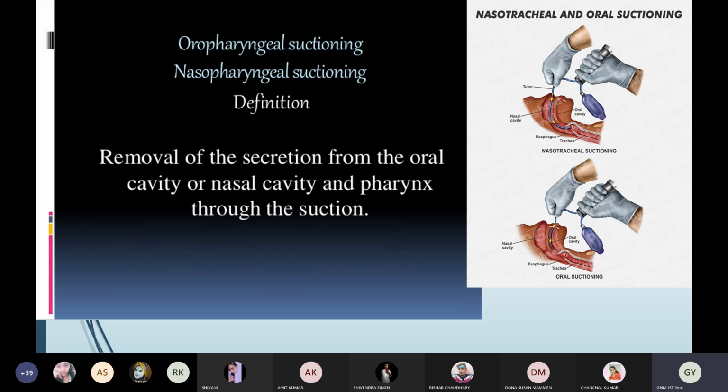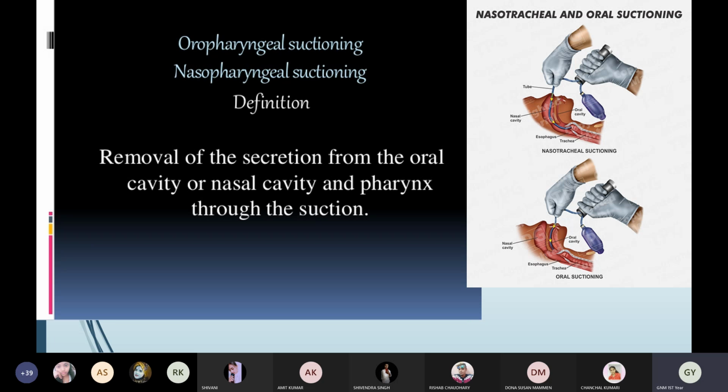Today I will start with the second and third types, that is oropharyngeal suctioning. Oro comes from the word oral cavity, oral means mouth.